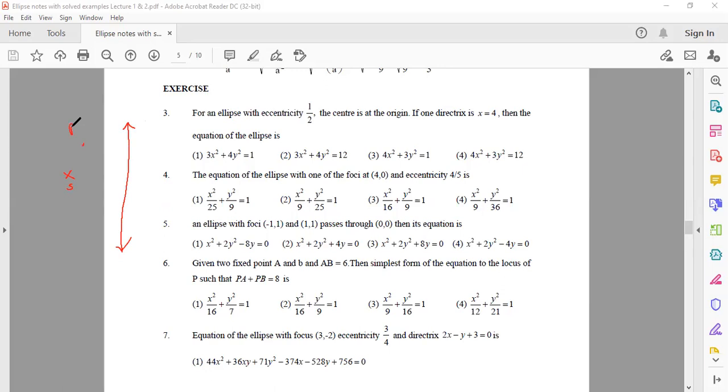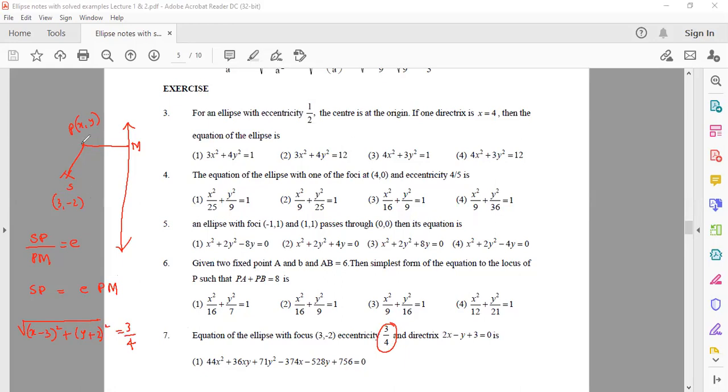So again, you take a point on the ellipse. Use the second definition: SP upon PM is a constant. So SP is e times PM. SP is by the distance formula. Focus is (3, -2). So you can put the distance formula: (x - 3)² + (y - 2 + 2)², and e is 3/4.